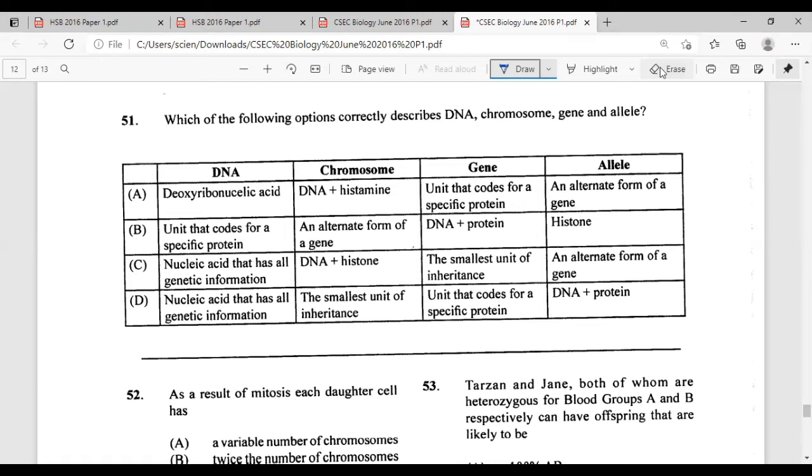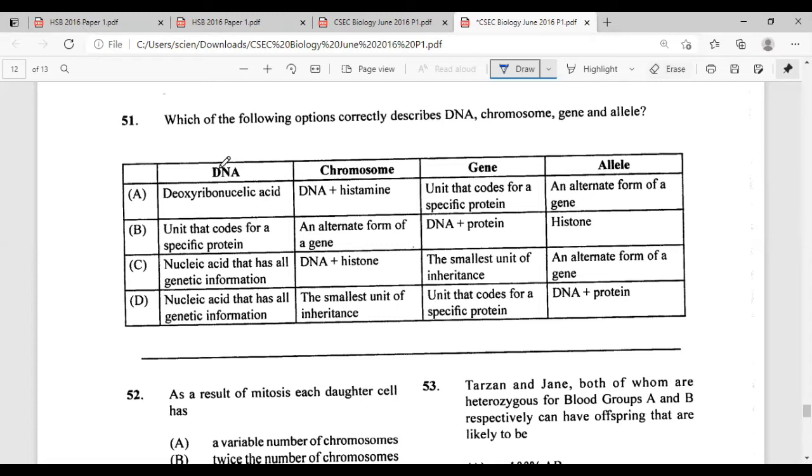C: nucleic acid that has all the genetic information, DNA plus histone, the smallest unit of inheritance, alternate form of a gene. D: nucleic acid that has all the genetic information, the smallest unit of inheritance, unit that codes for a specific protein, DNA plus protein.